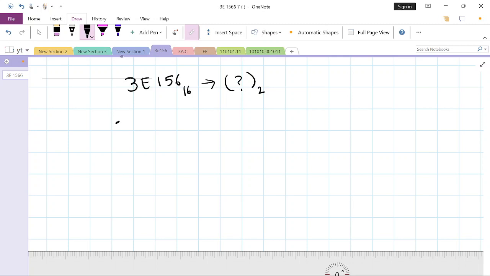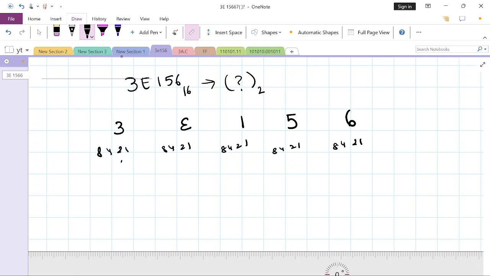So we'll write 3, then E, then 1, then 5, and then 6. In case you forget, just write that pattern 1, 2, 4, 8.